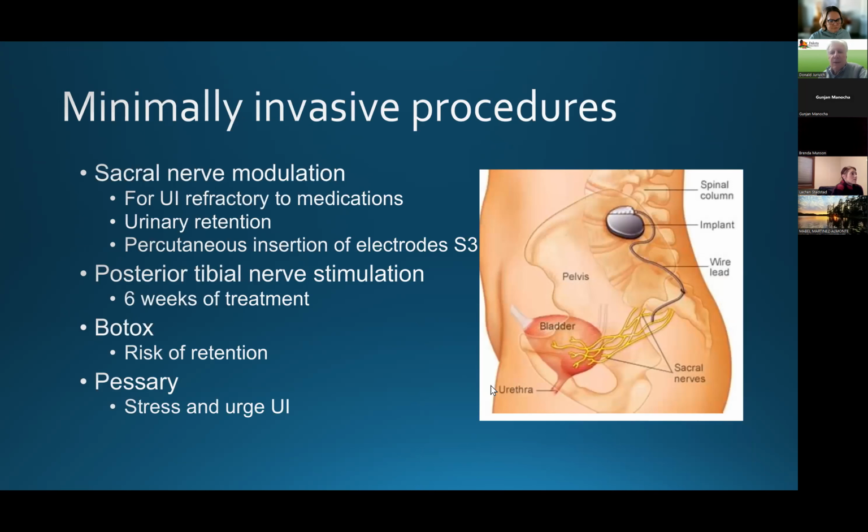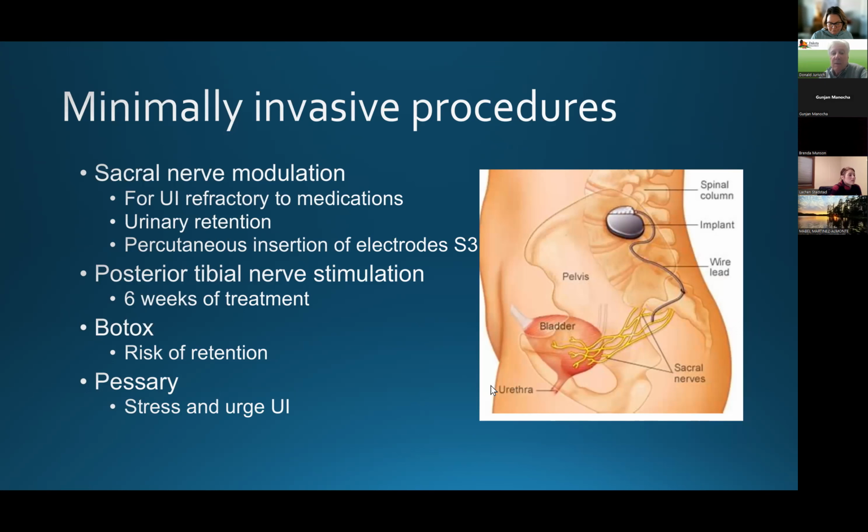In terms of surgery or other interventions, the minimally invasive ones are nerve stimulators. You can see a picture here of an internally placed or subcutaneously placed stimulator. They have external stimulators too that stimulate either the tailbone area or the tibial nerve, which is on the back of the leg.